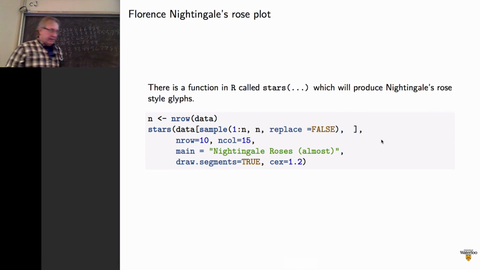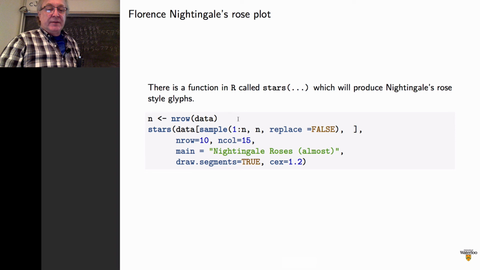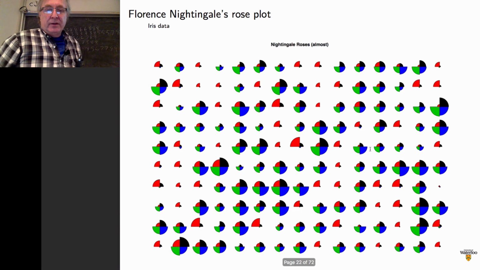Well, you can get that in R. They're called stars. And to get Nightingale's roses, almost, you just want to have draw segments equals true. So we've got some data, and I'm just going to take a sample of that data, or just reorder the data and allow you to look at that.